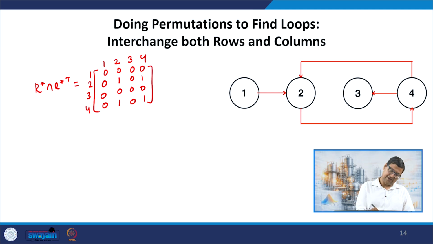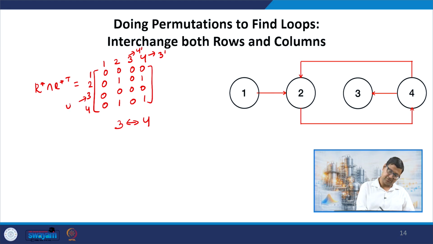So if I interchange 3 with 4, the third column becomes the fourth column and the third row becomes the fourth row, right? So let me label this as 4 prime, and let me label this as 3 prime.